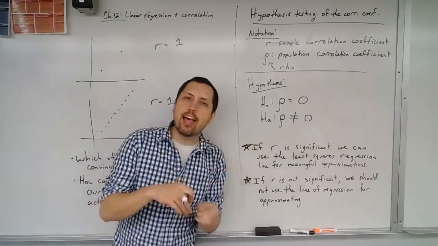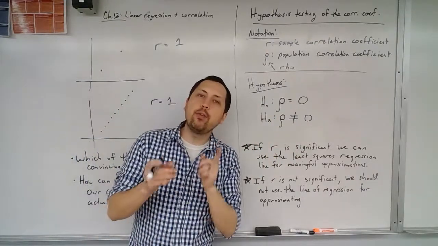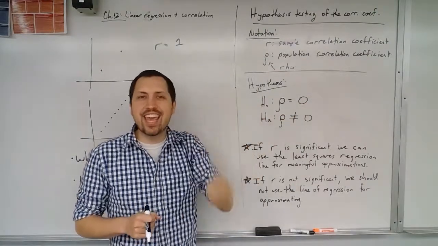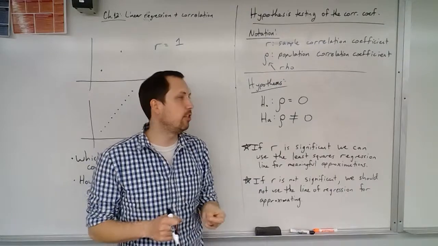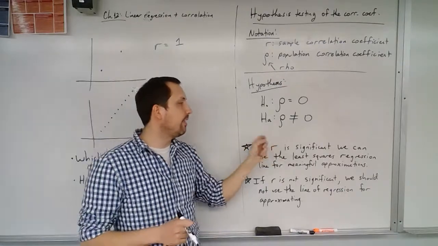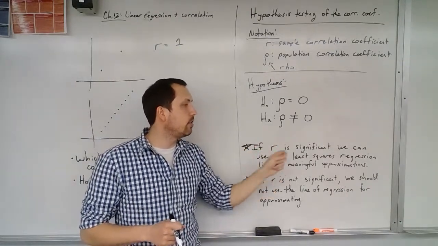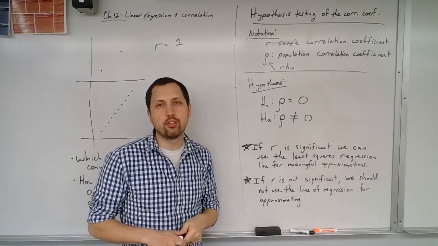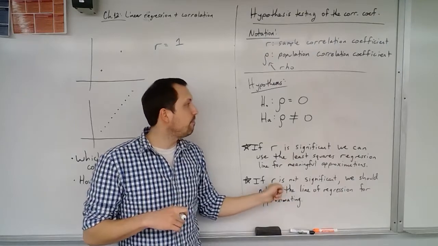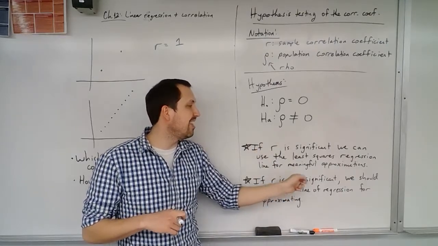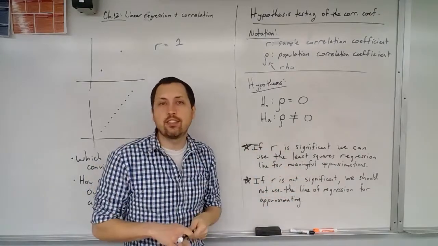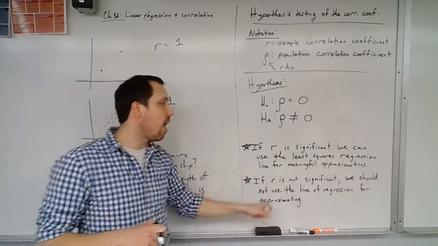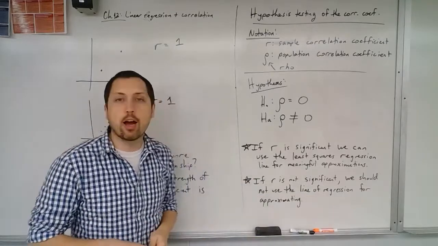Then as an application of this, if from our hypothesis testing we are convinced that there is a significant linear relationship, so if R is significant, then we can use the least squares regression line for meaningful approximations. However, if based off our hypothesis testing R is not significant, we are not convinced that there is a significant linear relationship, we should not use the line of regression for approximating.